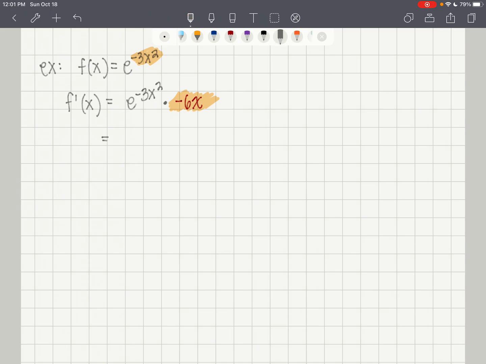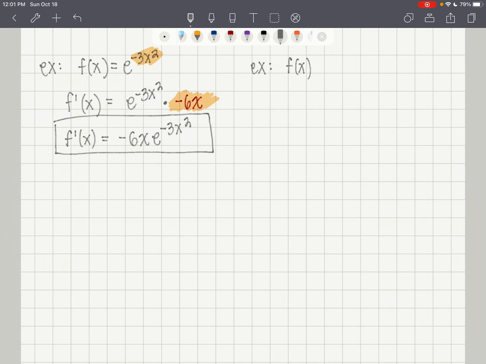So I rewrite that, negative 6x e to the negative 3x squared. That's how we would write that. And part of this is just learning how to write your answer. Like, do you write the x before the base e? And yes, I write x before I write base e.